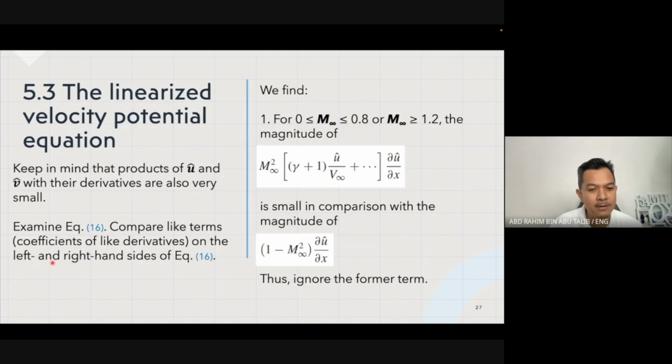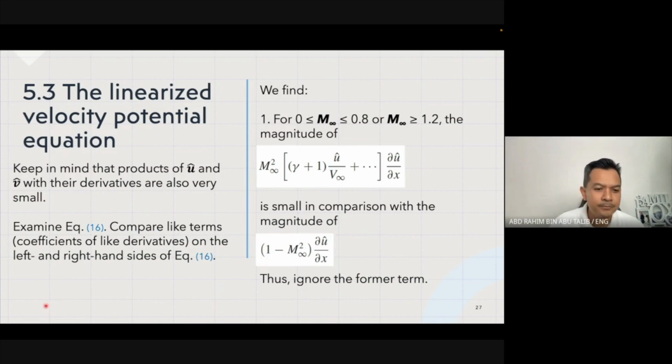So if we examine equation 16 again and compare like terms, or coefficients of like derivatives, on the left as well as the right hand side, we will find that for the range of free stream Mach number between 0 to 0.8 or more than 1.2, the magnitude of this expression, involving the Mach number, the free stream velocity and the perturbation velocity u, is small in comparison with the magnitude of this expression. Thus, we can ignore the former term.